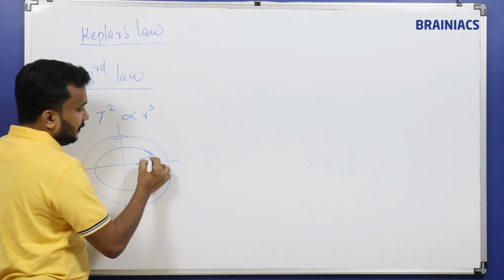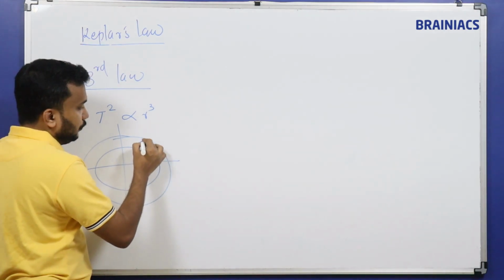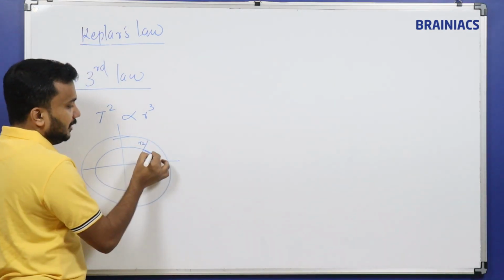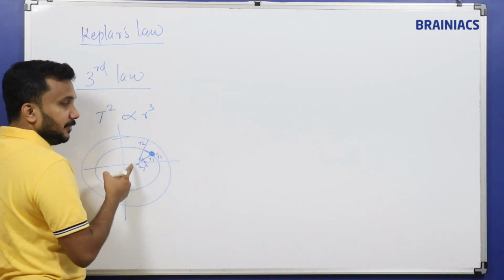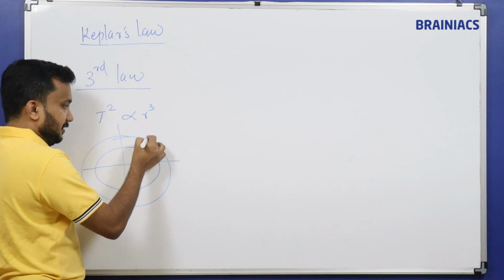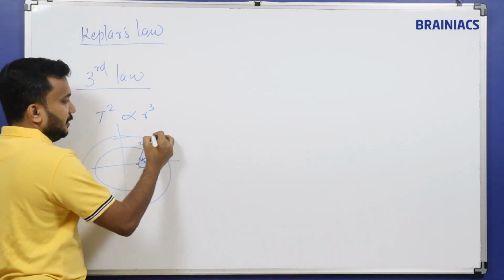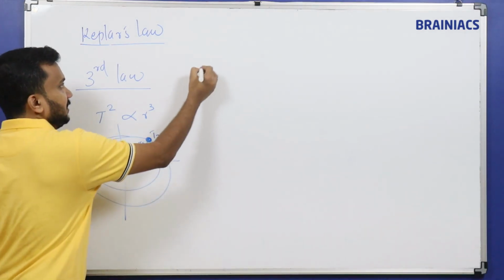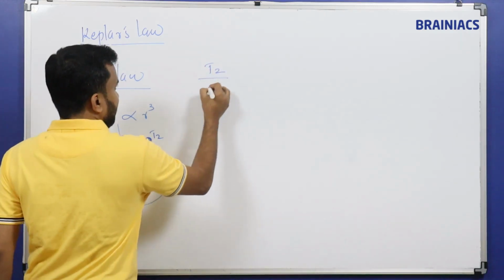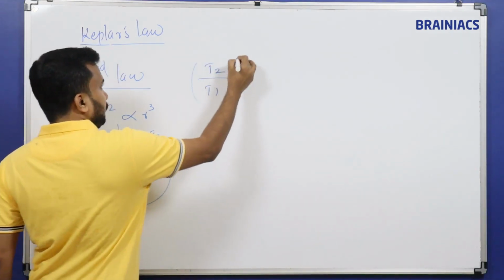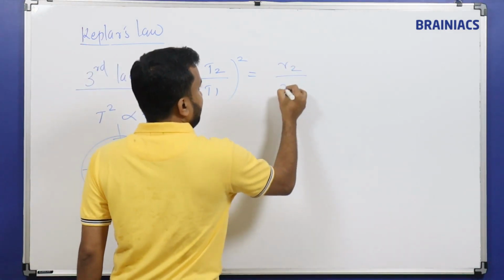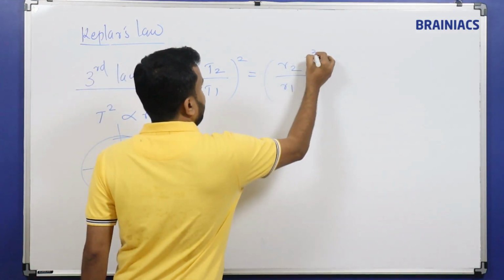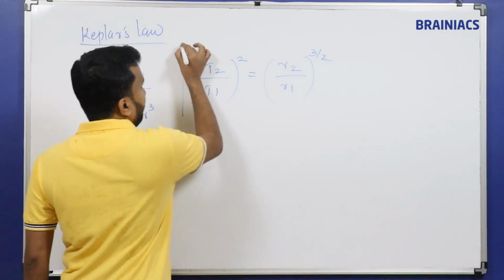At a distance of r1 and at a distance of r2, the time taken to complete one revolution is t1 and t2. Then T2 divided by T1 whole squared equals R2 divided by R1 the whole power 3 by 2. So this is important.